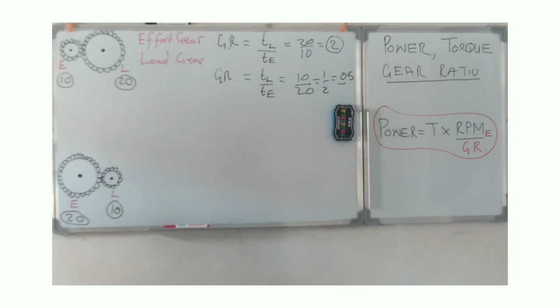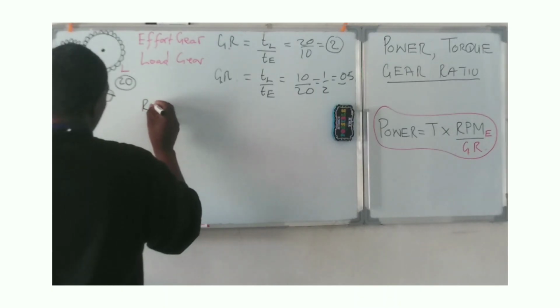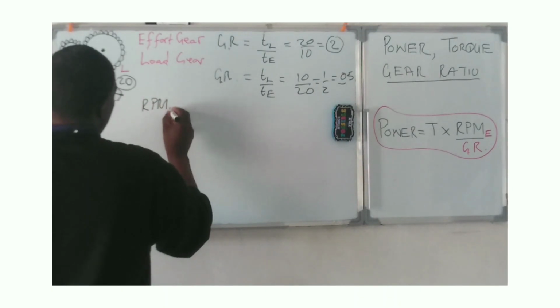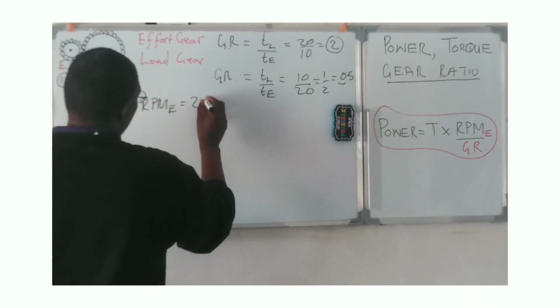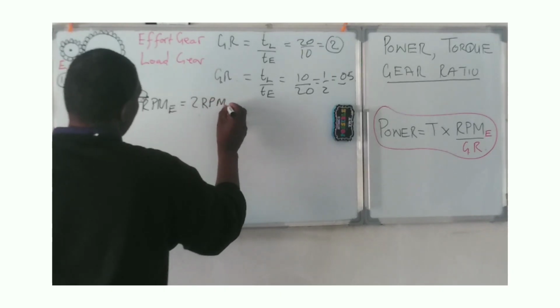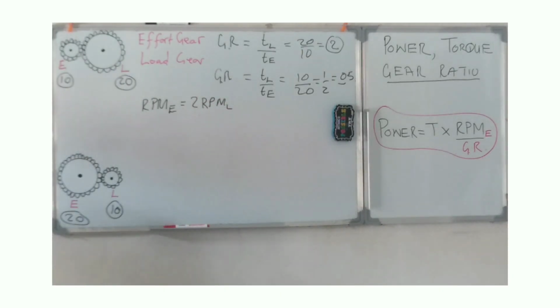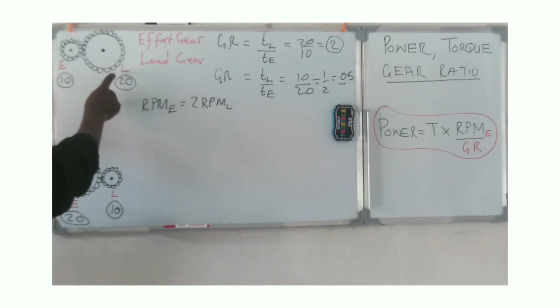So what formula can we write? We can say the number of revolutions per minute in our effort gear is equal to 2 multiplied by the number of revolutions per minute in our load gear. This means that every time this one turns, say, 10 revolutions per minute, this one will only do 5.